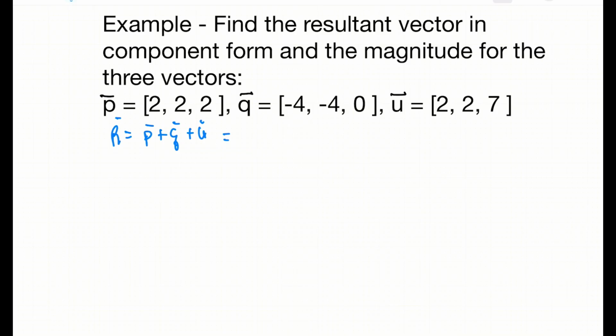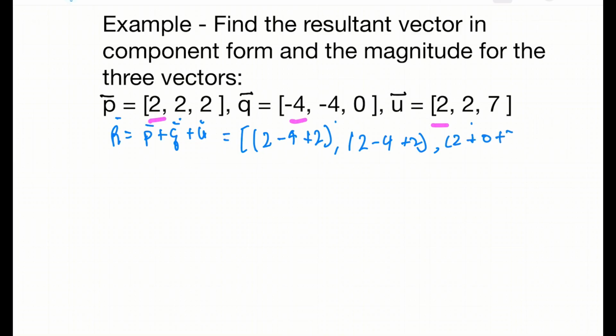So the first component is going to be 2 minus 4 plus 2. Now the y component is just going to be taking the second term, so it's 2 minus 4 and 2 again. So it's 2 minus 4 plus 2. And then the z component is just 2 plus 0 plus 7.